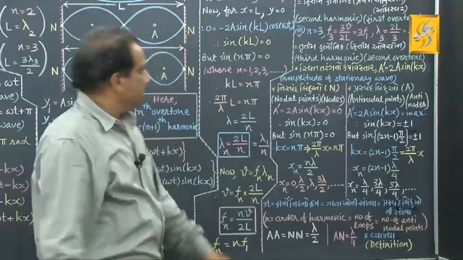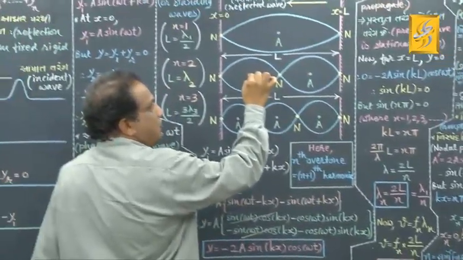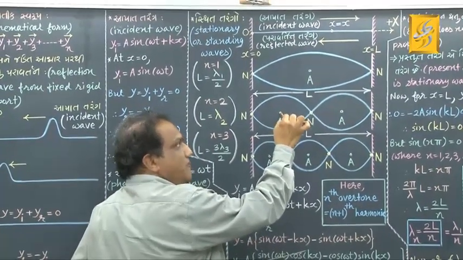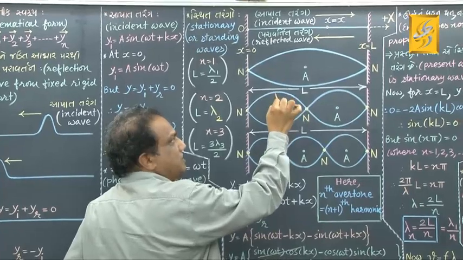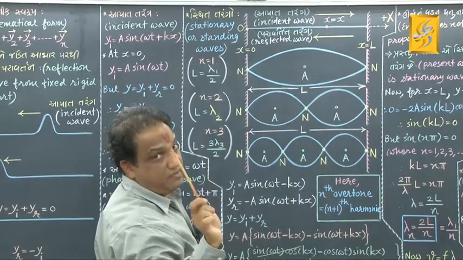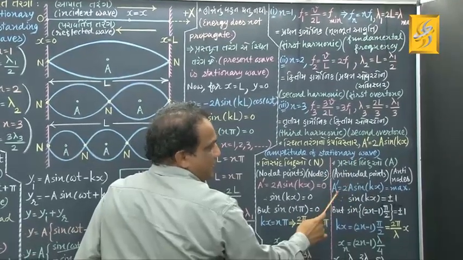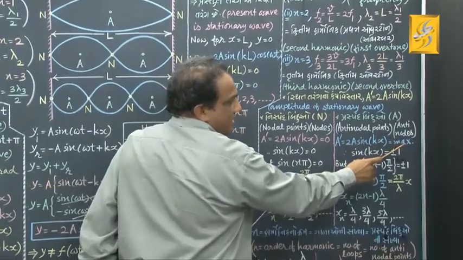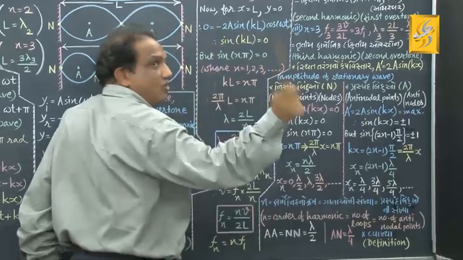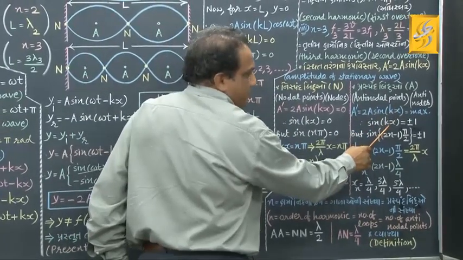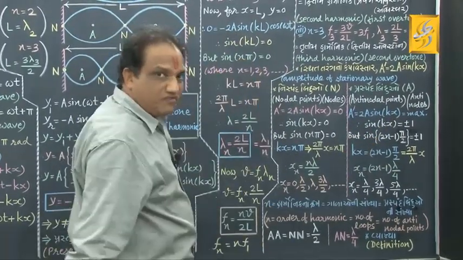Let us find out. An antinode is that position along the length of the string where you can have maximum amplitude. Correct? So this amplitude, A dash equals 2A sine of Kx, should be maximum. But for that, sine of Kx must be maximum. What is the maximum of the sine function?